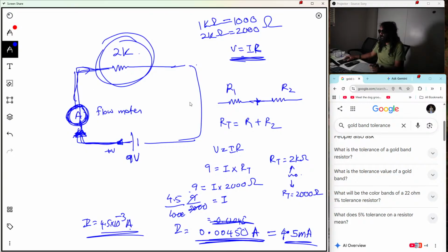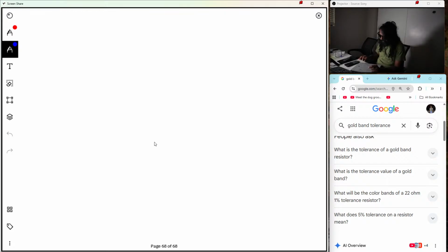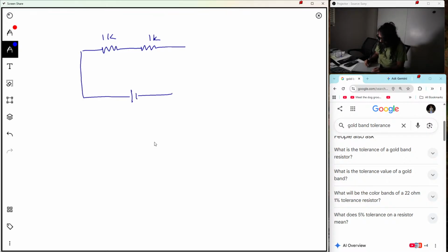All right, so let's take another example, right? So okay, let's take the same example and see what happens with the voltage, right? So our original circuit was to connect two 1k resistors cascaded like this, 1k, 1k. So we connected it to a 9 volts battery, right? So what happens to the voltage?